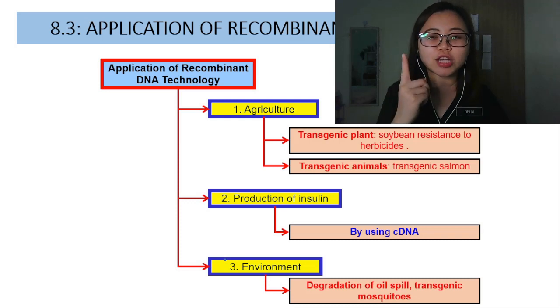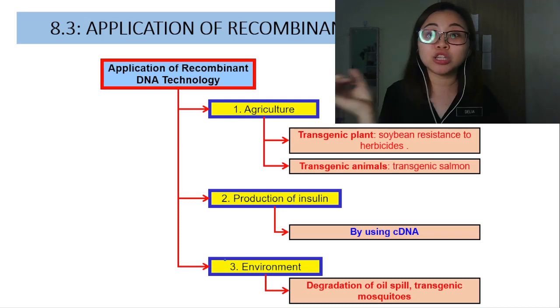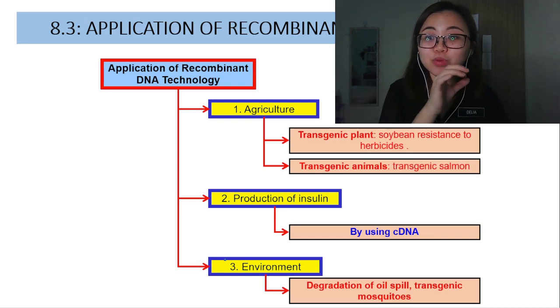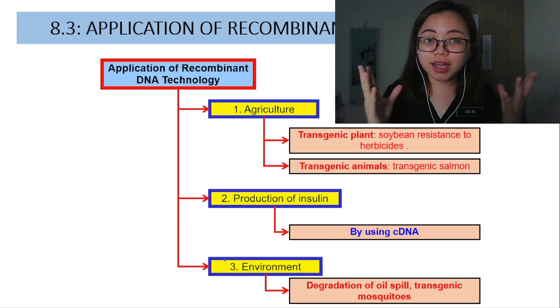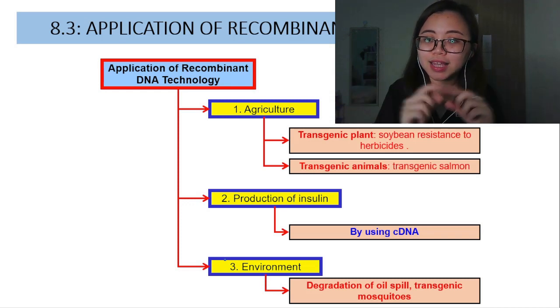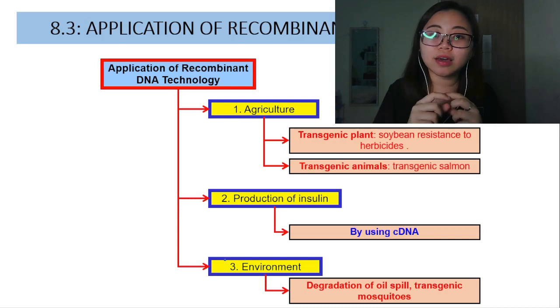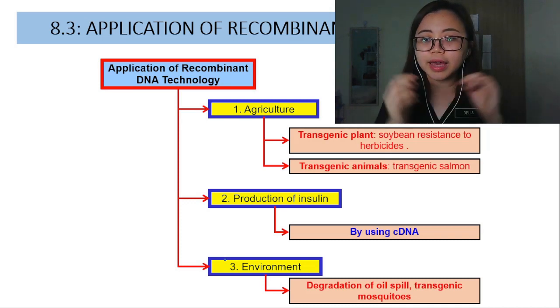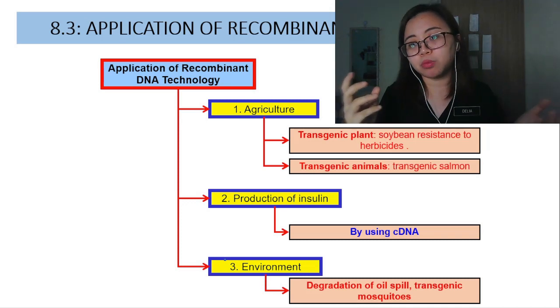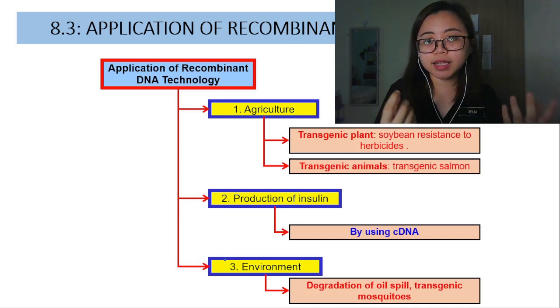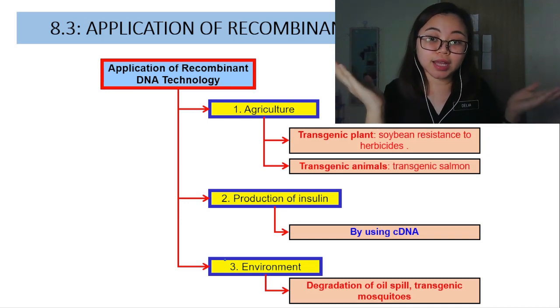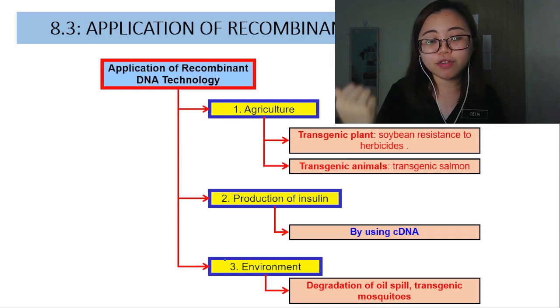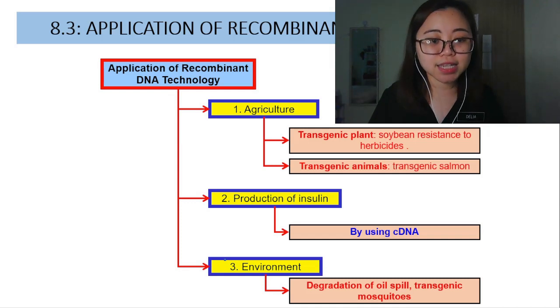So if we produce transgenic mosquitoes that are sterile, will not produce baby mosquitoes, then we can essentially eradicate these diseases. Ada penyakit yang merebak disebabkan nyamuk, kita hasilkan transgenic mosquito, nyamuk yang sterile, yang mandul. Okay, so the nyamuk cannot make baby nyamuk, dan tiada jentik-jentik, tiada nyamuk baru, penyakit itu pun tidak akan merebak. So those are the examples of applications of recombinant DNA technology.